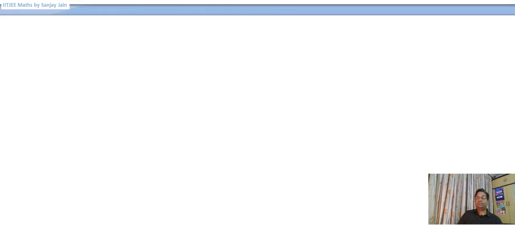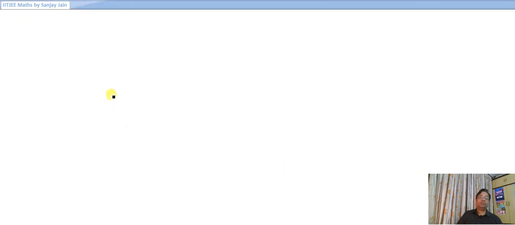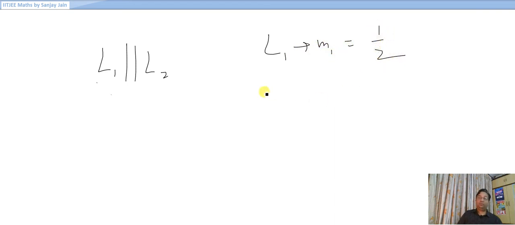And similar is the case with parallel lines. So if I know that L1 is parallel to L2 and L1 has got slope, let us say, 1 by 2, so the slope of L2, that is m2, will also be 1 by 2 when I know L1 is parallel to L2.